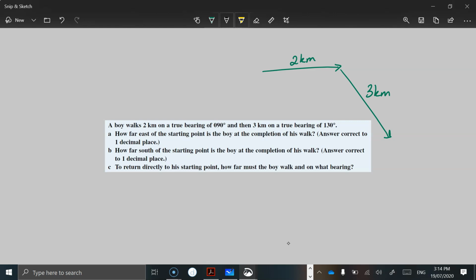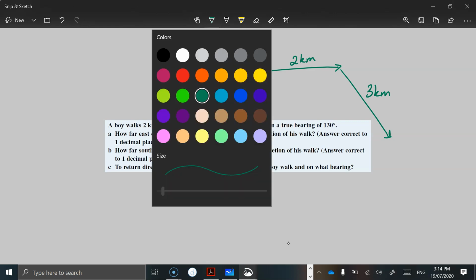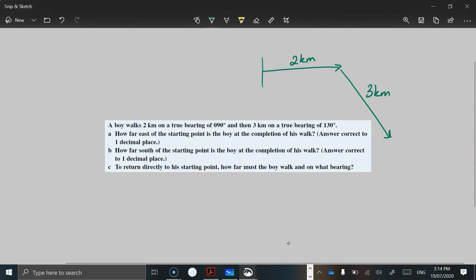And so let's put our references so you kind of know what we're dealing with. Orange, so that's the first 90 degrees. And then the second part is looking at that, which is 130 degrees.